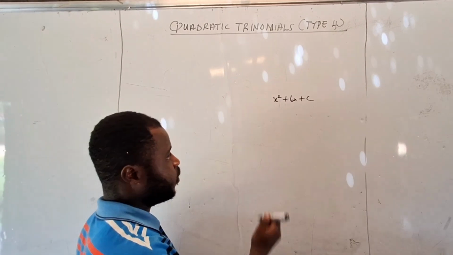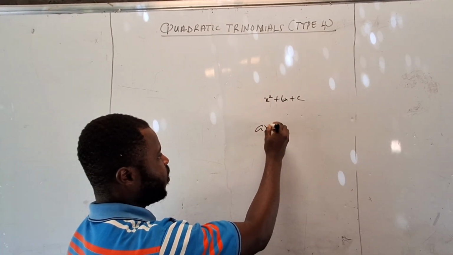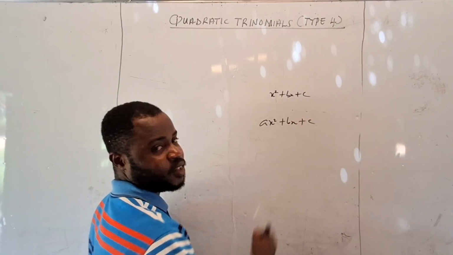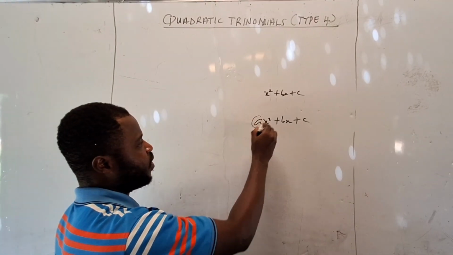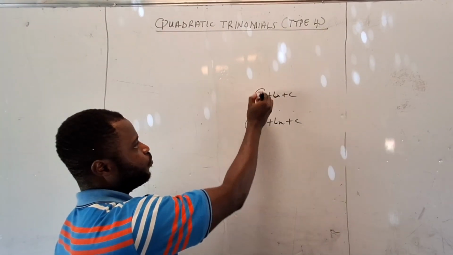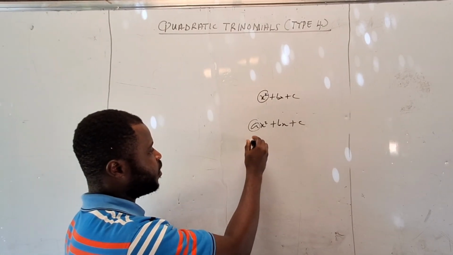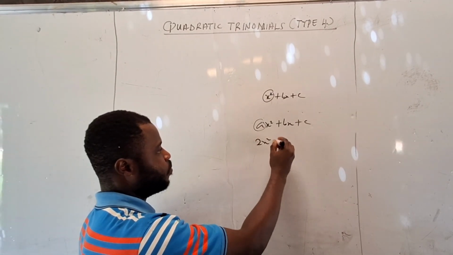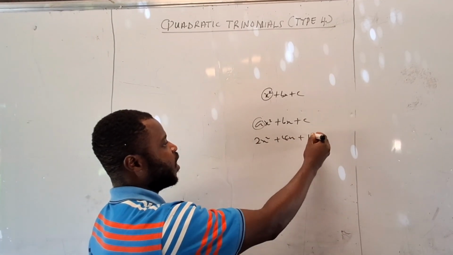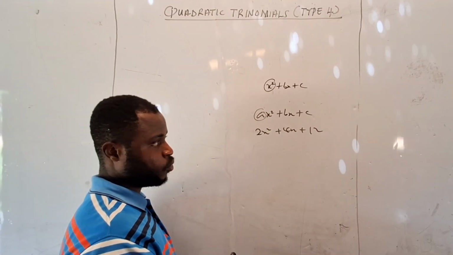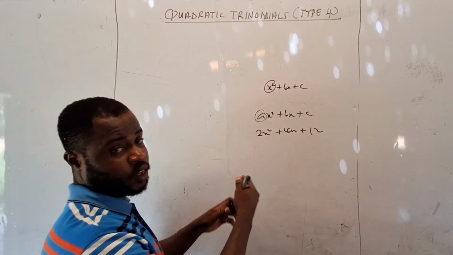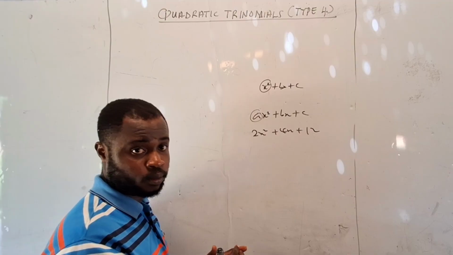But this one, we will have ax squared plus bx plus c. There will be a number multiplying the x squared. So you can see a number like 2x squared plus maybe 4x, then plus 12. This is what differentiates type 3 from type 4.